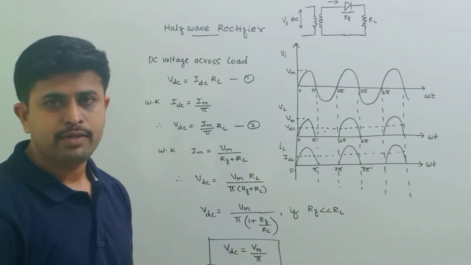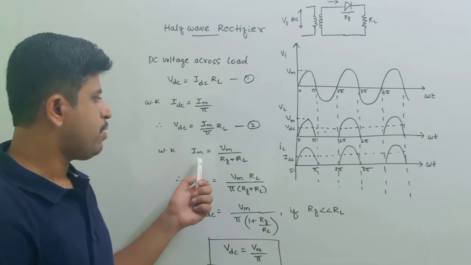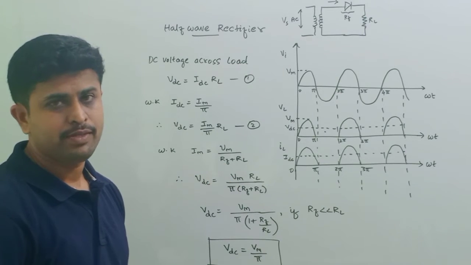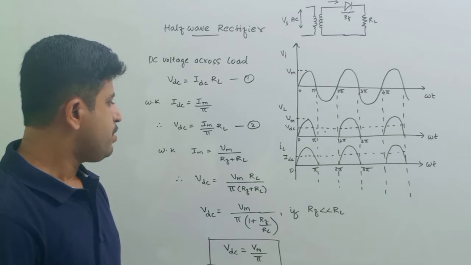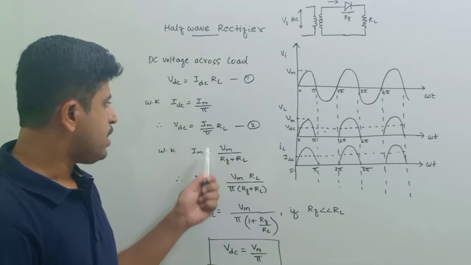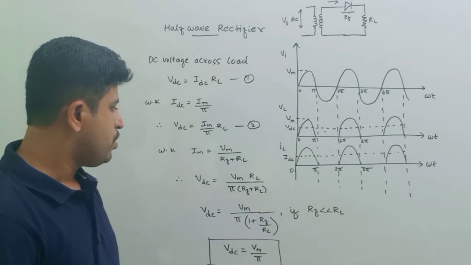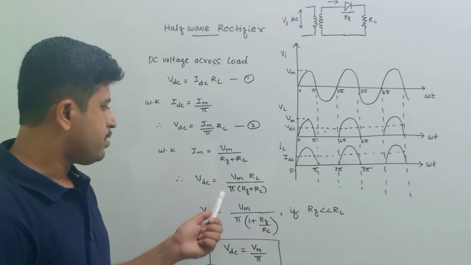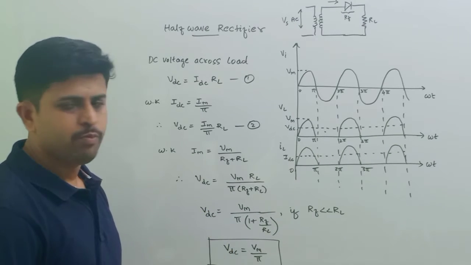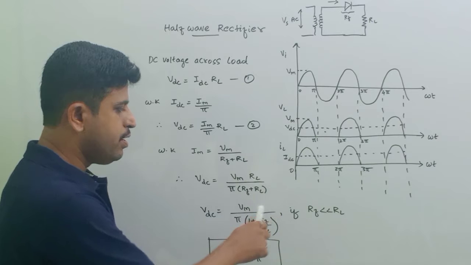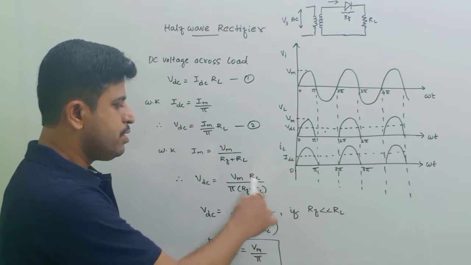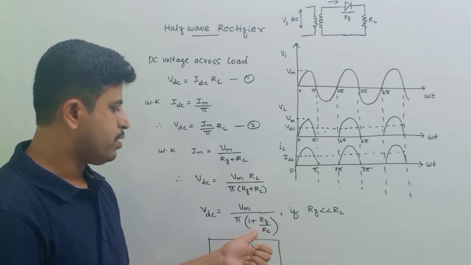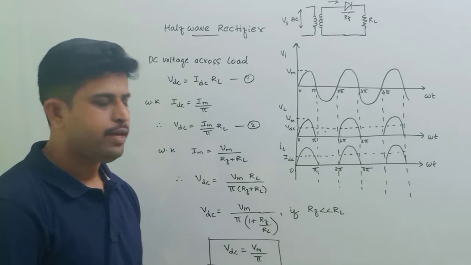And also we know that the peak current of the supply voltage is given by Im is equal to Vm by Rf plus RL. So substituting the value of this Im in equation 2, we can write it like this. We can rewrite this equation in one more step where we take this RL to the denominator and separate it in such a form that you can express it as 1 plus Rf by RL.